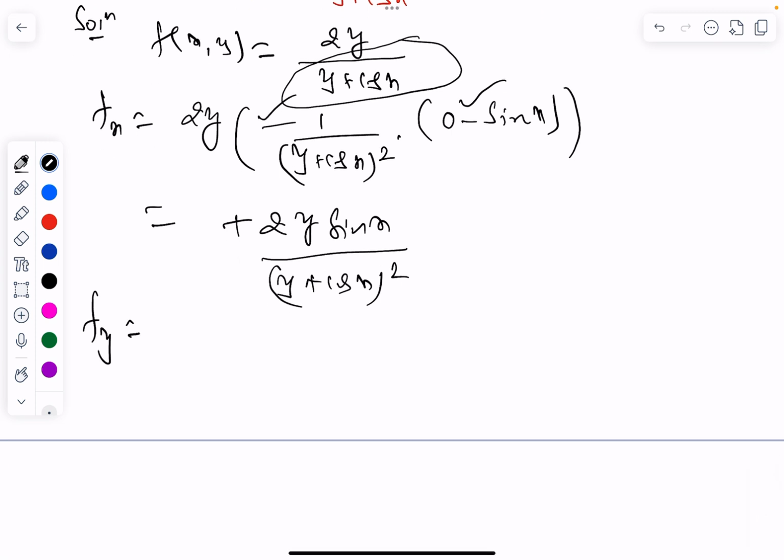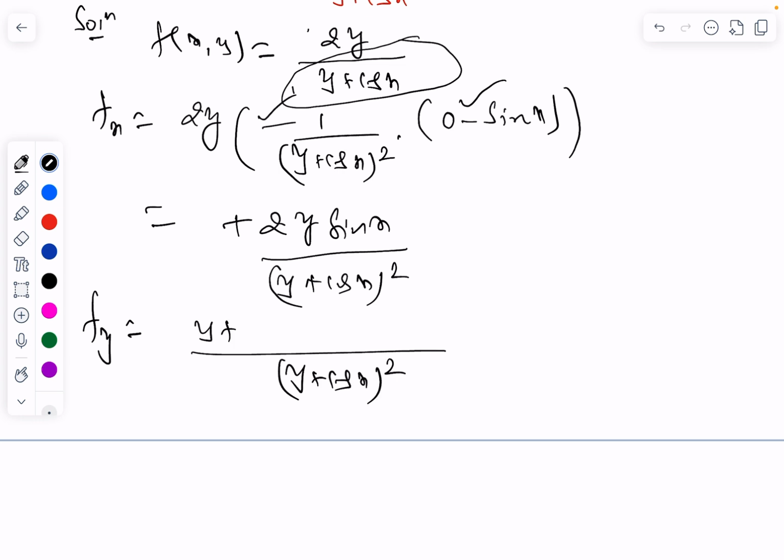Now we take with respect to y. So y is here as well as here, numerator as well as denominator, so we use the quotient rule. That is (y plus cosine x) square in the denominator, and in the numerator (y plus cosine x) into the derivative of 2y, which is 2, minus 2y as it is, times the derivative of y plus cosine x with respect to y, which is 1 plus 0.